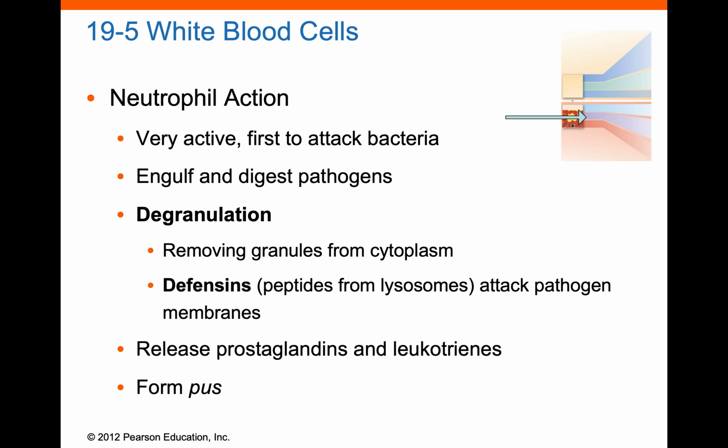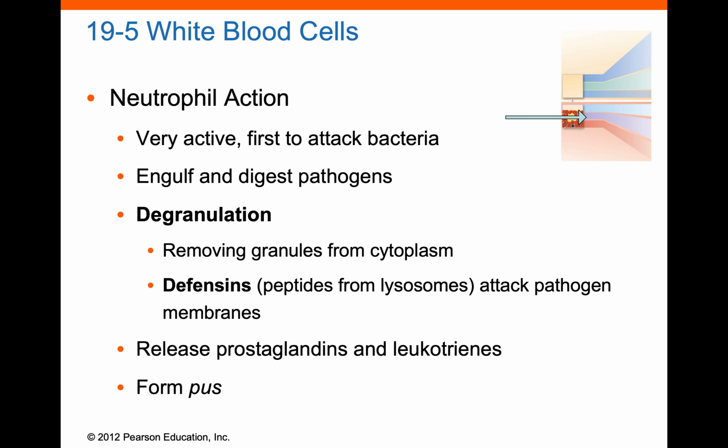In case of infection, they could have granules in them. Defensins attack pathogen membranes, so they also have other types of enzymes in them that will destroy the pathogens. They release prostaglandins and leukotrienes, important in the formation of pus, that white abscess that is formed in any kind of infection.